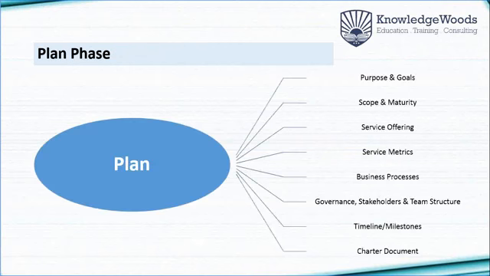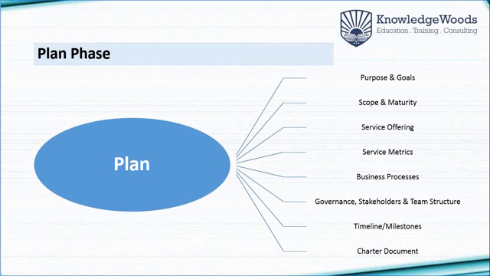The plan stage typically answers questions related to why we need a PMO, what services the PMO will offer, how it will achieve those services, who is going to achieve those services, and when we are going to achieve them, and documenting everything and getting an approval, a sign-off, a buy-in for all these things that we just discussed.